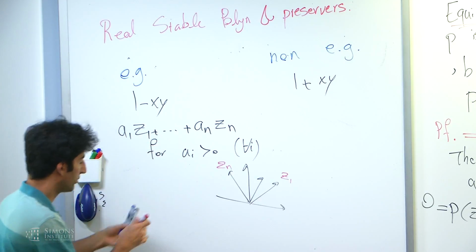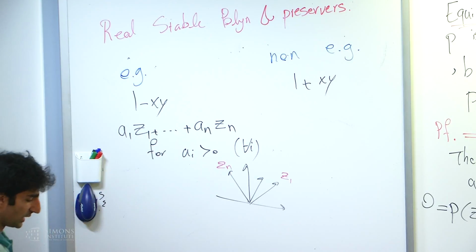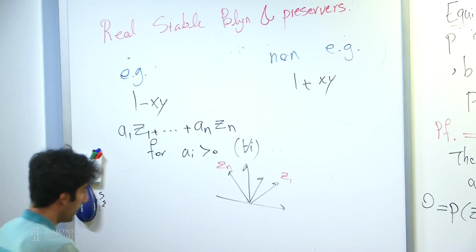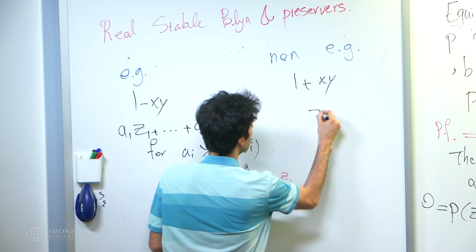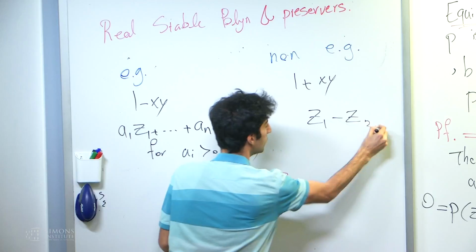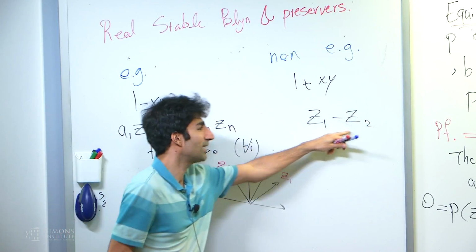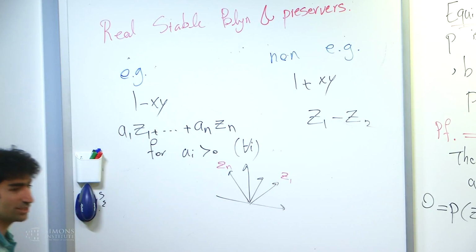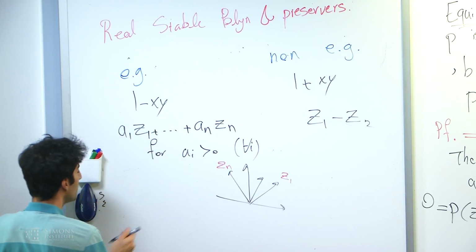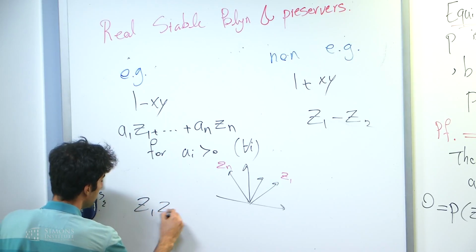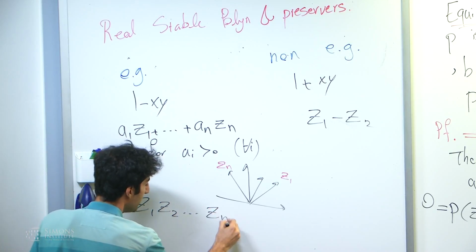So this polynomial cannot be 0 if z1 up to zn have positive imaginary value. Again, a non-example is z1 minus z2. You can just assign both of them to be i, and it's 0, so this is not real stable.